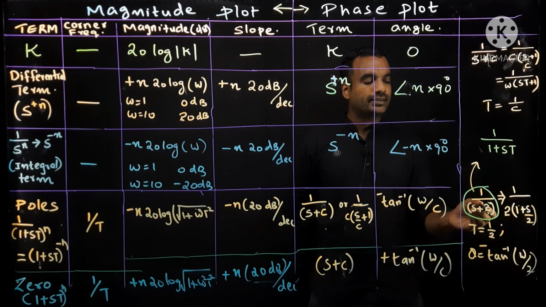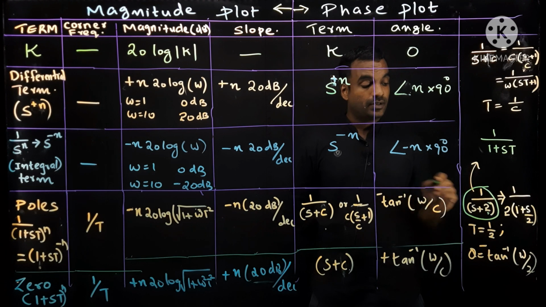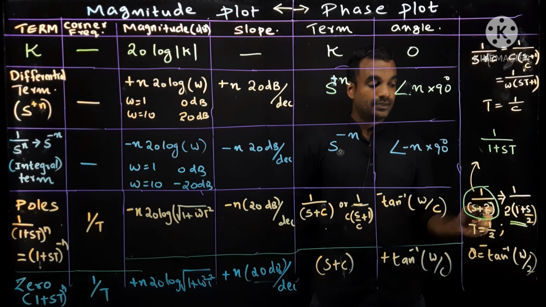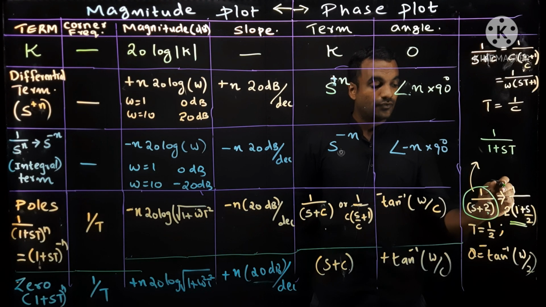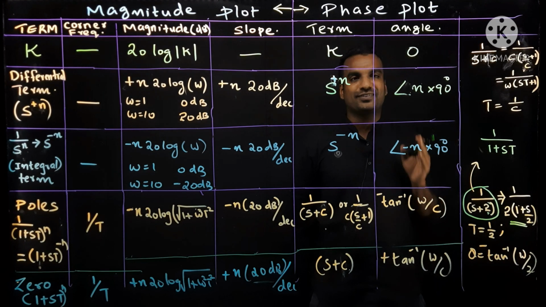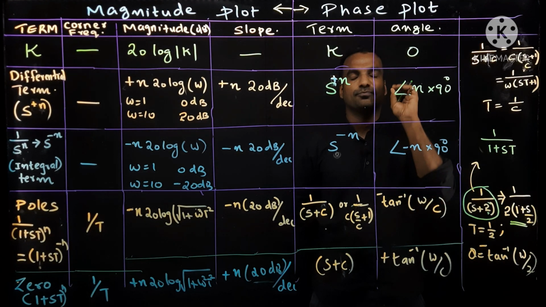You have to take this 2 outside like this. If you are taking 2 outside, then 1 by 2 is there on the outside of this function. That 1 by 2 will become 0.5. That 0.5 is the k in case of Bode plot.